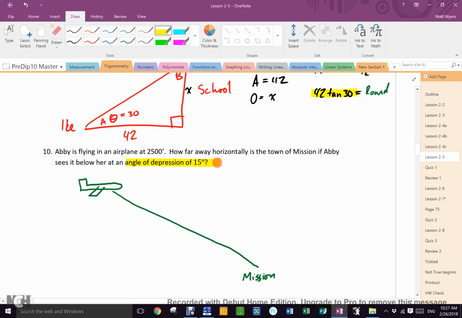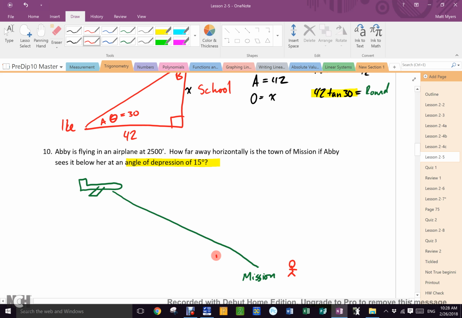Is the question in charge, or am I in charge? I'm in charge. If she sees with an angle of depression, then what would me on the ground see with? An angle of inclination. So if her angle of depression is 15, what is my angle of inclination? 15.